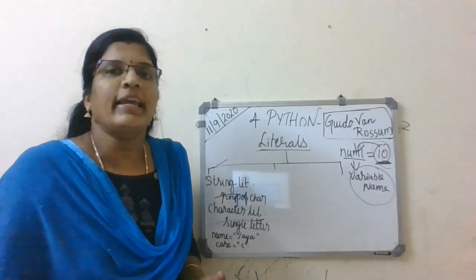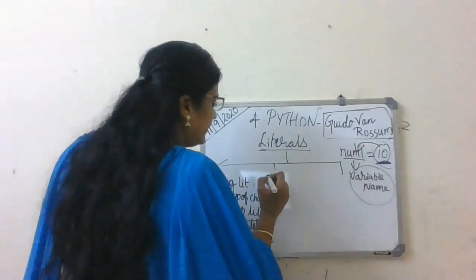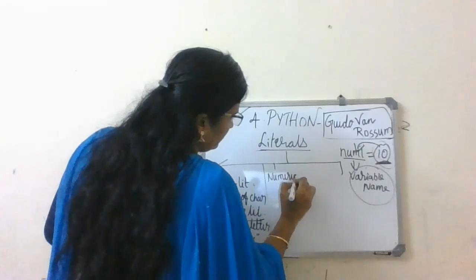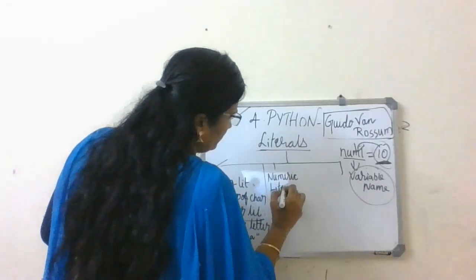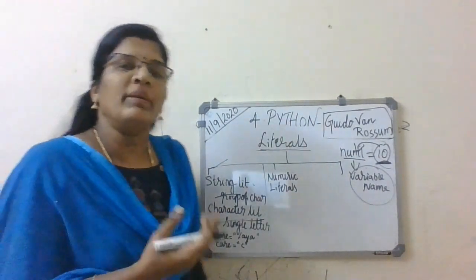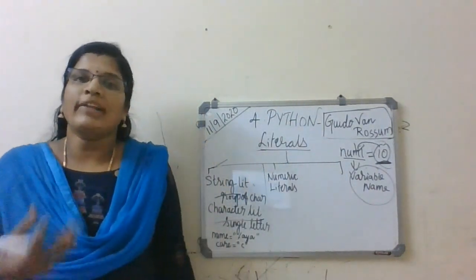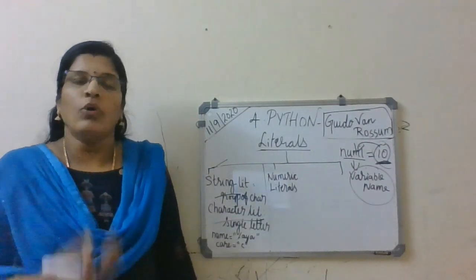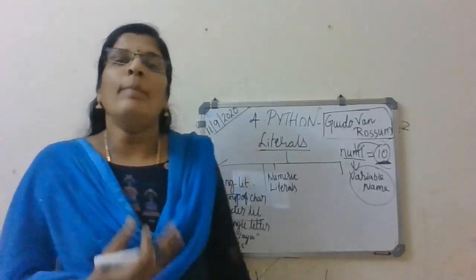Okay, so the second type is called numeric literals. Numeric means numbers, right? So what type of numbers can we give? We can give integer numbers, floating numbers, and complex numbers.